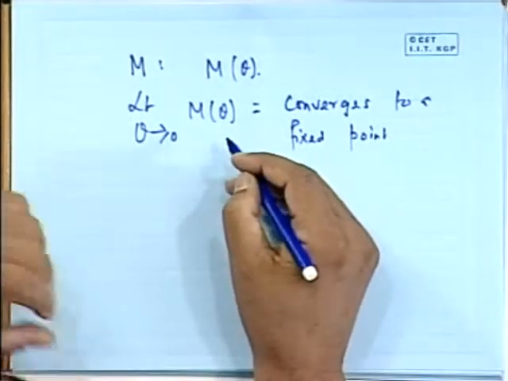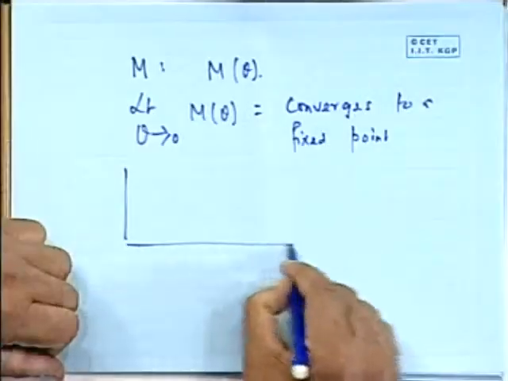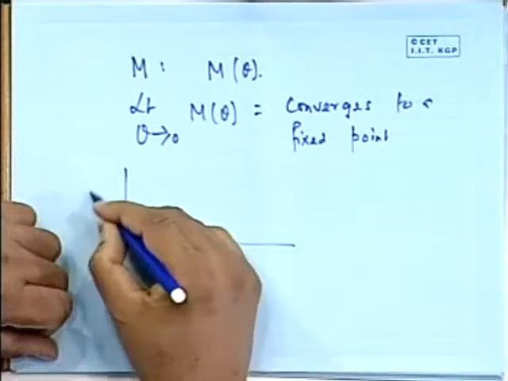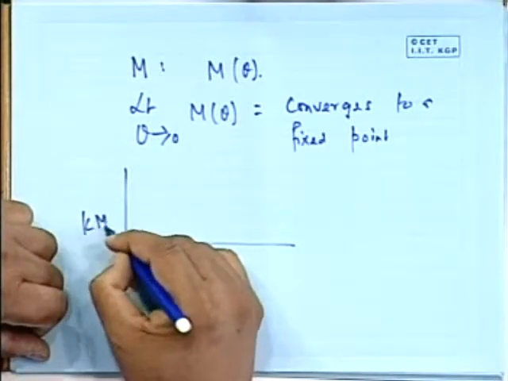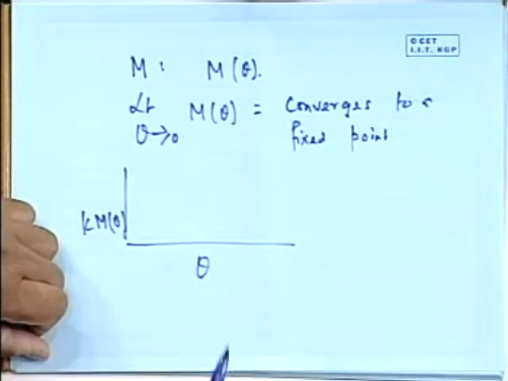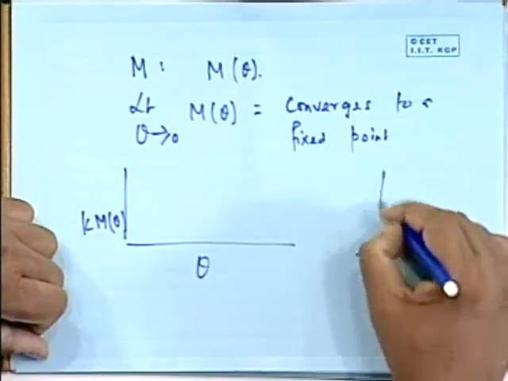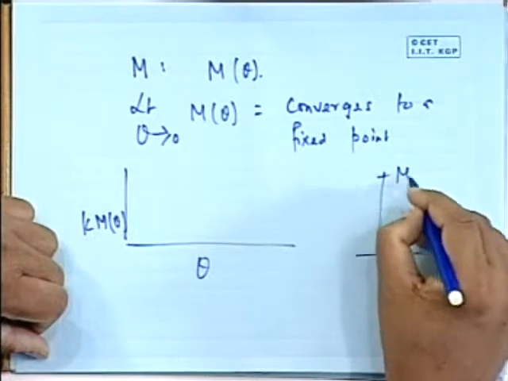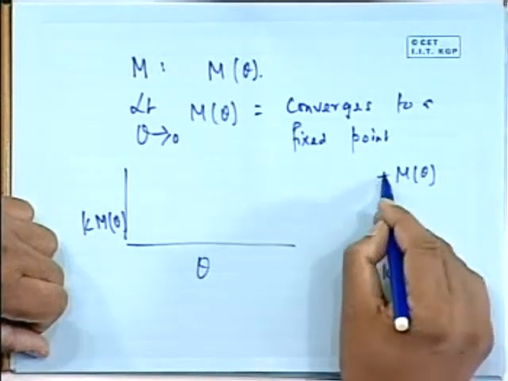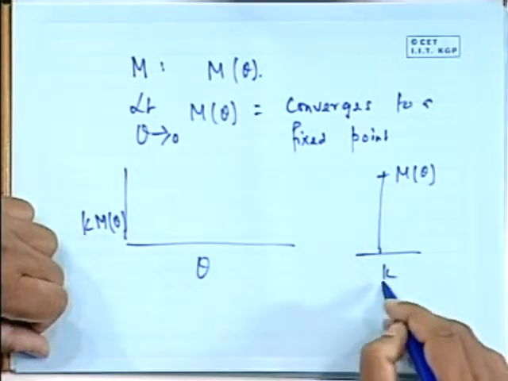In other words, let me put it this way. Supposing I measure the location of M theta from some reference point K. That means there is a ship here, this is K here, this is your M theta. I am investigating M theta with respect to my keel point.